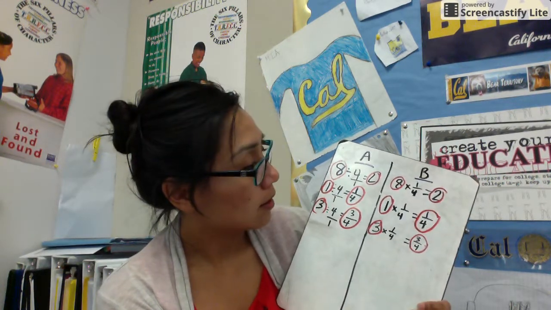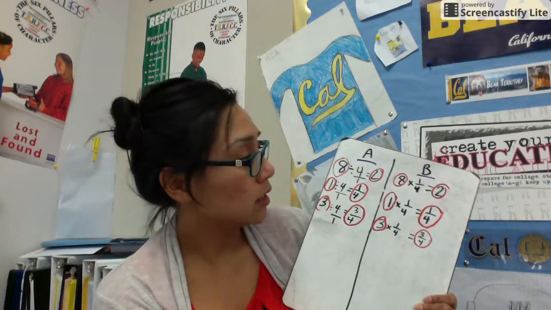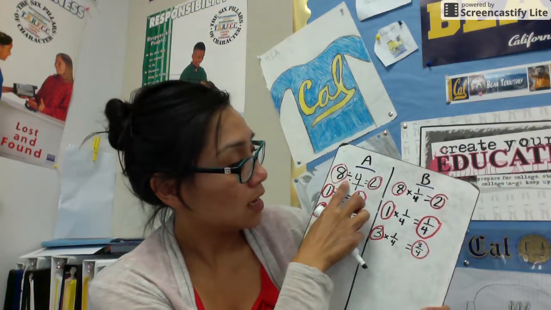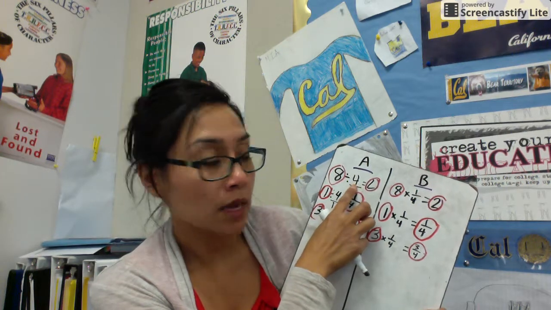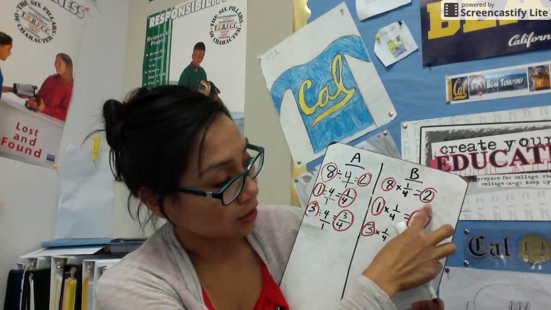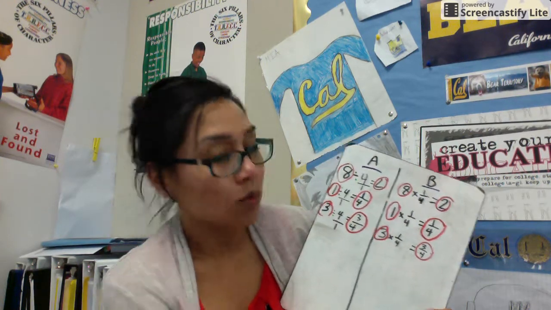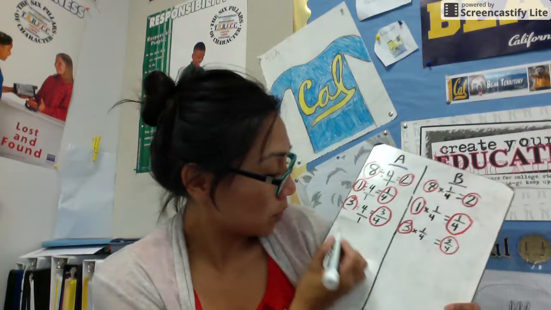I'm kind of noticing a pattern. It kind of looks like maybe that if I take a number and I divide it by another number, I get an answer. And it seems like it's the same answer as when I take a number and I multiply by its reciprocal. I'm just taking it and flipping it upside down. Well, let's test it. Let's test out our theory.